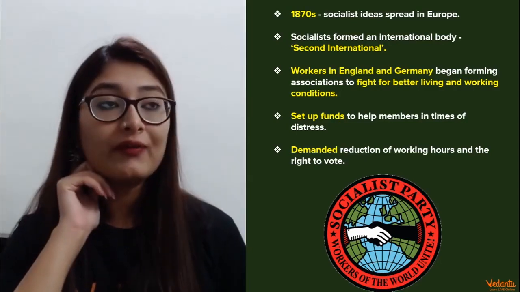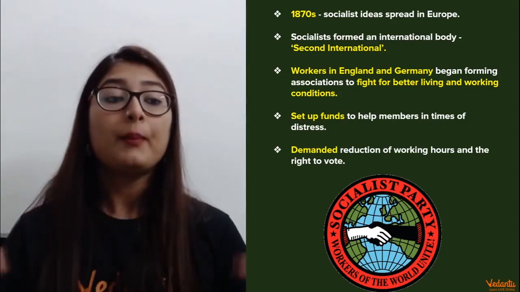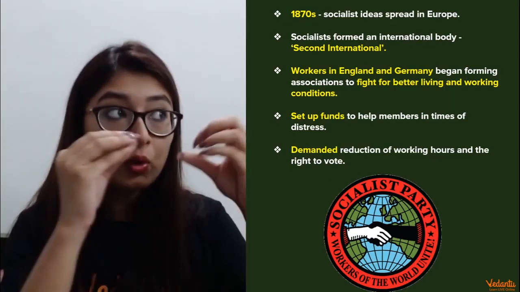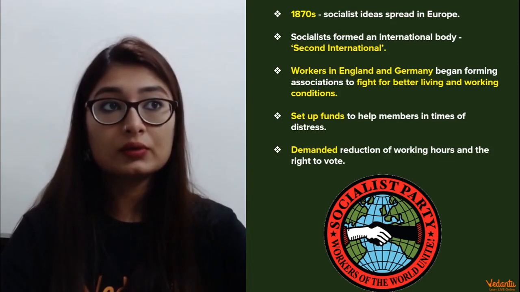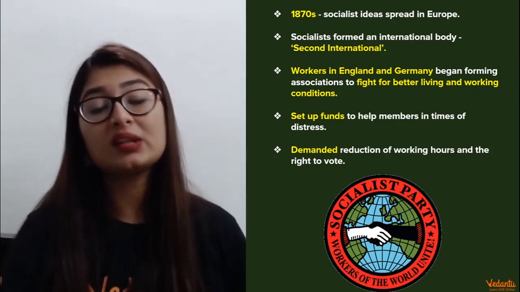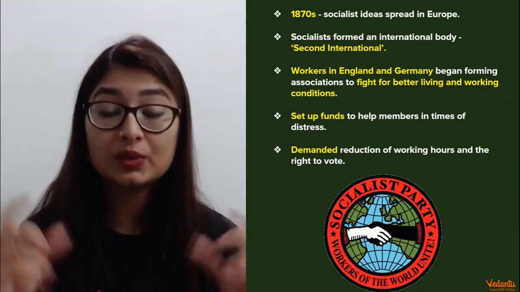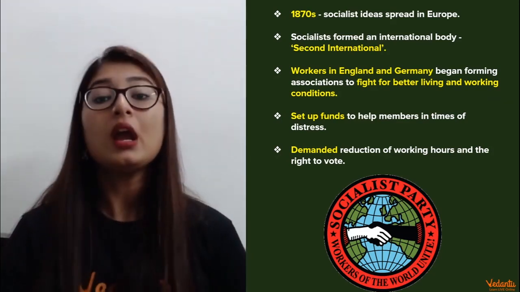As a result, some international bodies were formed to work for the spread of socialism, to establish socialism in society. One such international body was the Second International.